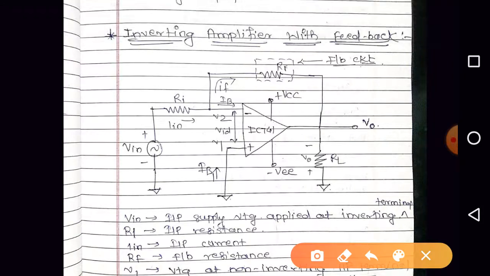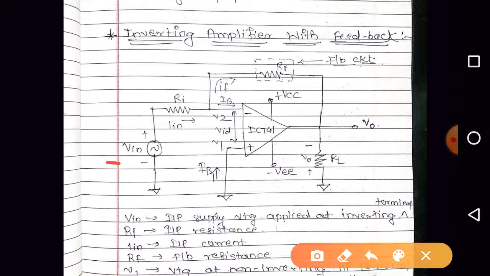V in is the input supply applied at the inverting terminal, so it is named an inverting amplifier. RF is a feedback resistor connected between the negative terminal and the output. IF is the feedback current. IB is the base current, or the input current for the op amp. RL is the load resistance, and we take the output at pin number 6, that is V0.